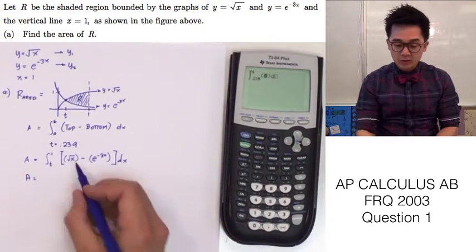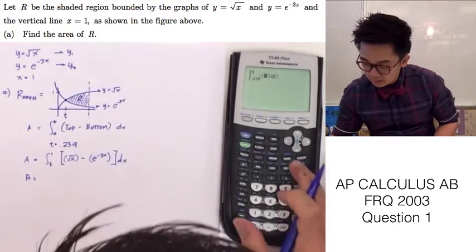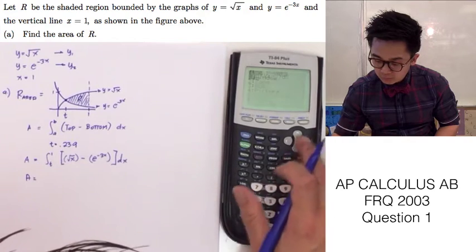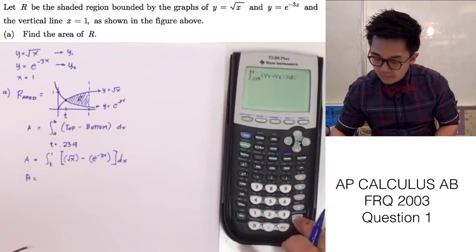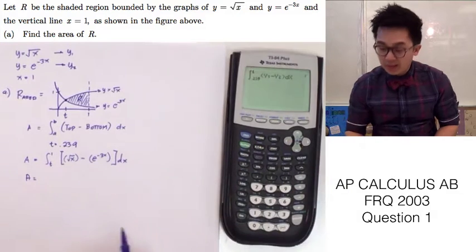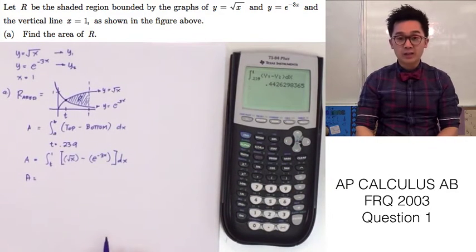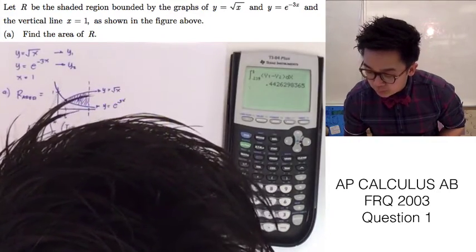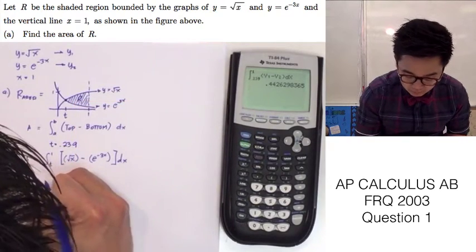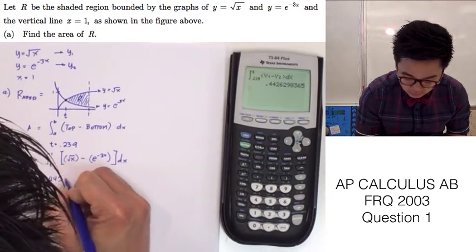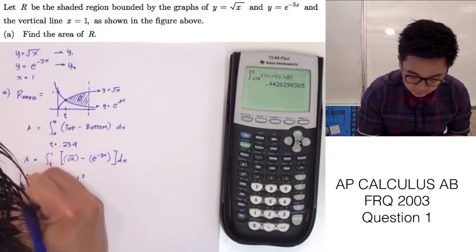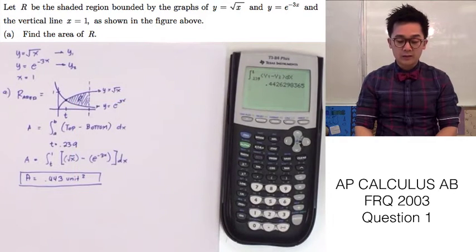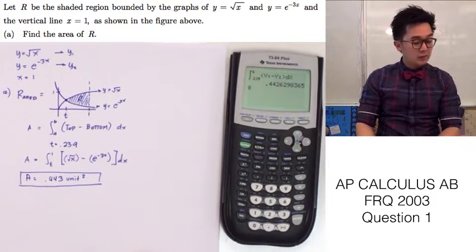Square root of x is y sub 1 in our calculator, so vars, y sub 1 minus y sub 2, dx. It gives us the value of the area between the two functions, 0.44262. Let's round it up to 0.443 unit squared. This is the area of the bounded region, and this is our answer for letter A.